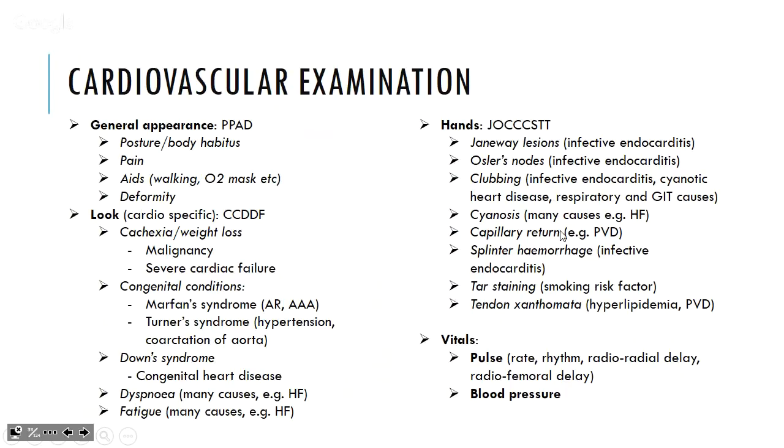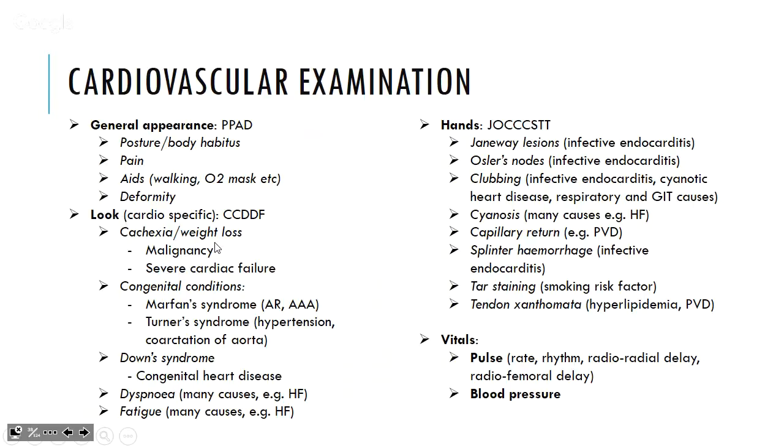So just going through the cardiovascular exam. For year 2 OSCEs, you literally just go through every single step, and you're not really looking for anything, to be honest. You just show them the action that you're doing. In the STEM, they'll tell you what not to do, but this is pretty much everything for the cardio exam. So general appearance, I like to do posture, body habitus, pain, aids, deformities, and then looking specifically for cardio signs.